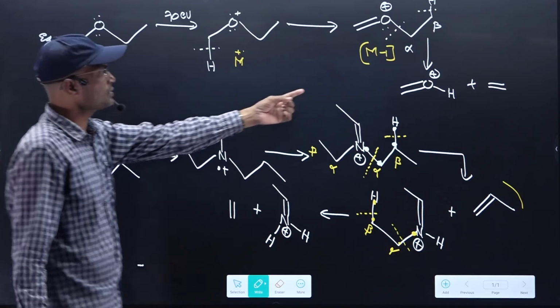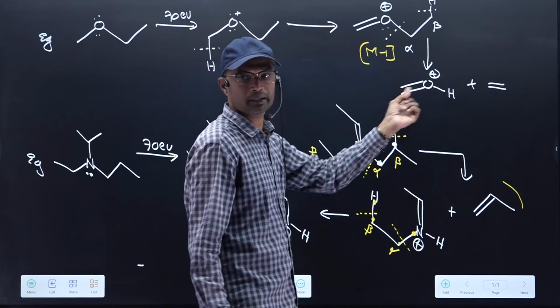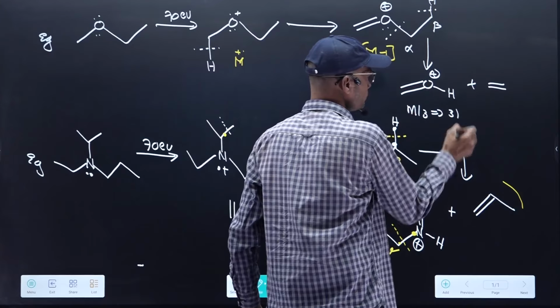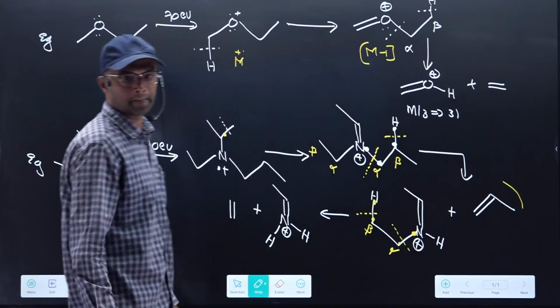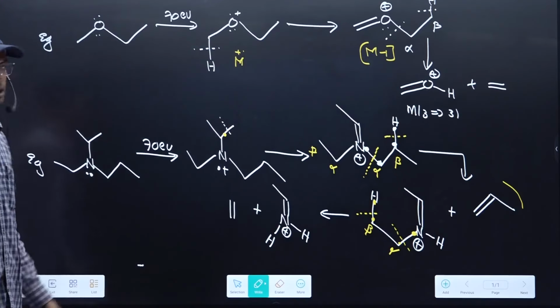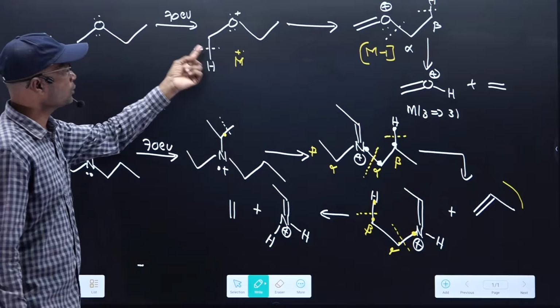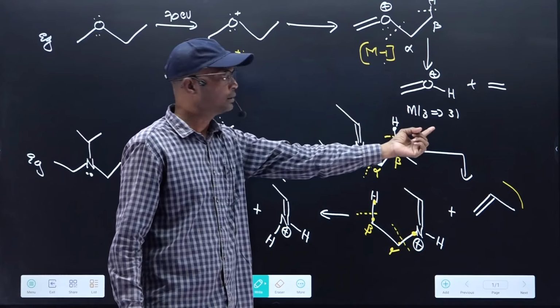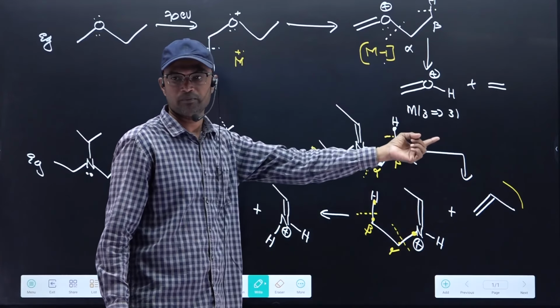See, this is 12 and this is 16. 28, 28, 31. m/z value is how much? m/z value is 31. So they will give a clue like this. A molecular ion gives a peak at M minus 1 followed by 31. Identify the fragmentation.